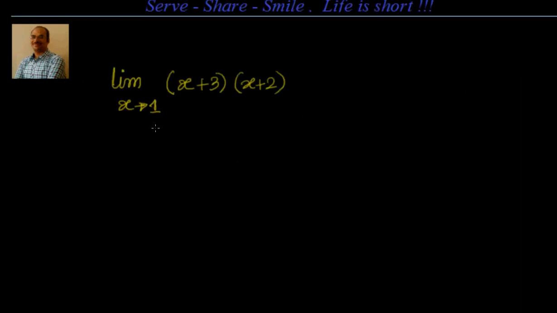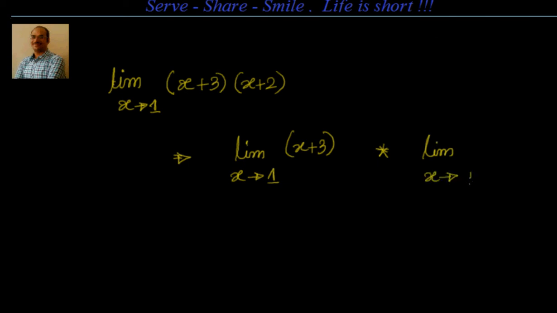Suppose I have an example like this. Find the limit of (x plus 3) into (x plus 2) as x tends to 1. By these properties, I can separate them and say the limit as x tends to 1 of x plus 3, multiplied with the limit as x tends to 1 of x plus 2.